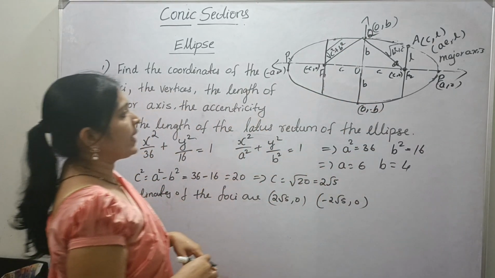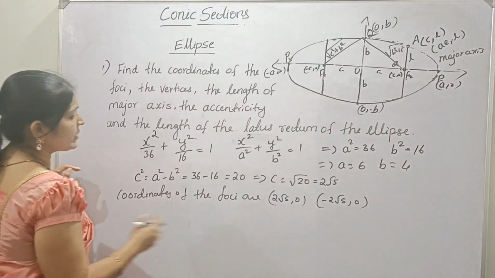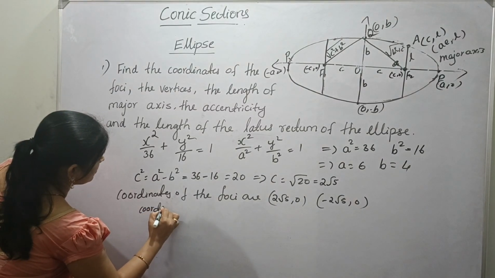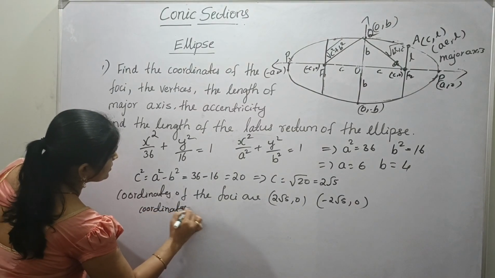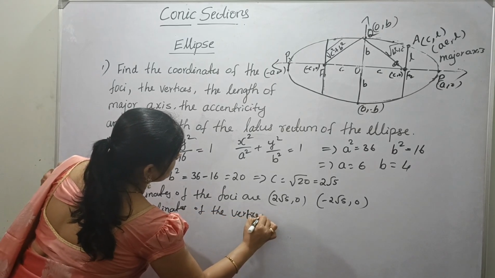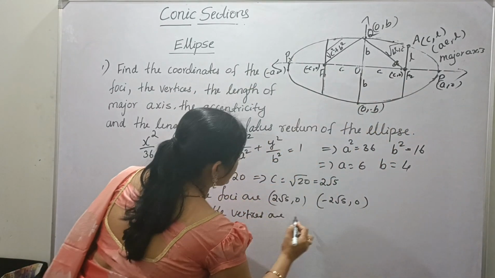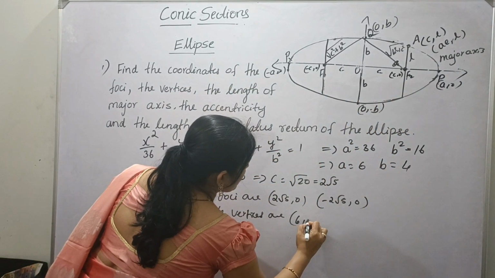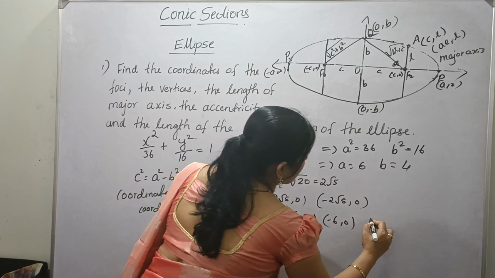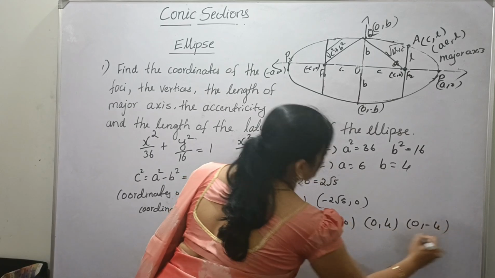So directly you can write, as we know the values of a and b, the coordinates of the vertices are: first (a, 0), that is (6, 0), then (minus 6, 0), then (0, 4), then (0, minus 4).